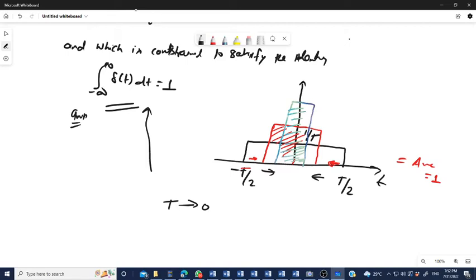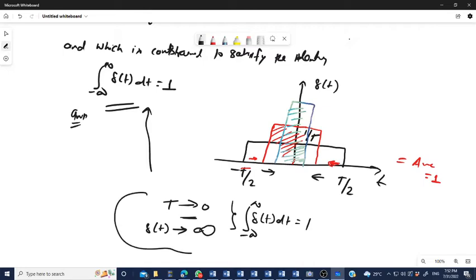So what we have to do is think of the value at the origin as infinite. In this case, when t tends to 0, delta t tends to infinite, for keeping the integral from minus infinity to infinity of delta t dt equal to 1.